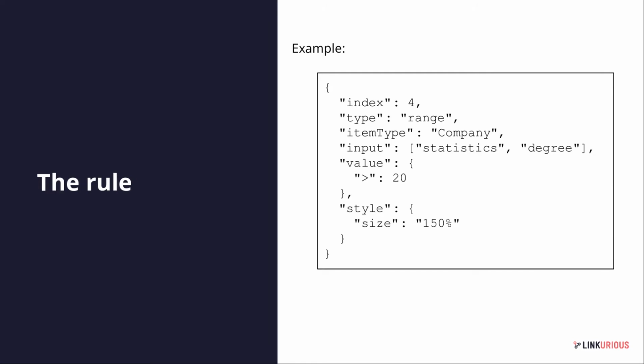More specifically, we want to compare the degree property in a company node, and degree is a statistic property for a node that specifies the number of entities connected to the actual node. And what I want to compare is if the specific company node has more than 20 connected entities. If this rule is true, what I'm going to do is change the style, and more specifically, apply a different size to the nodes. So this node will be bigger in my visualization.